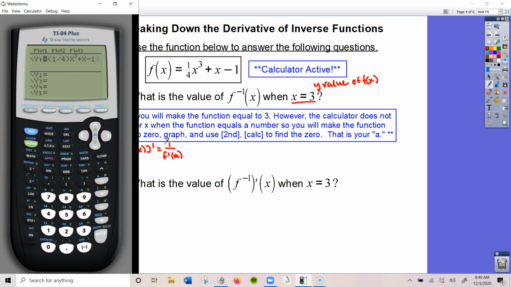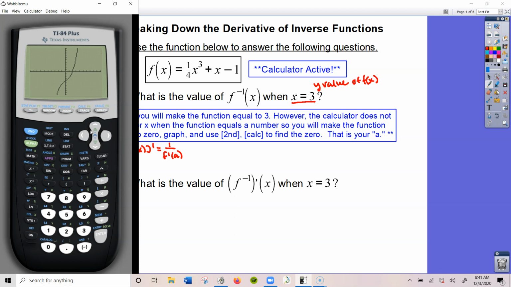Now the calculator doesn't know how to find an x value for a particular y value. So I'm going to have to subtract the 3 to make it equal to 0. So I'm going to subtract 3. I guess you can also put minus 4, but regardless, it doesn't matter. So I'm going to go ahead and graph.